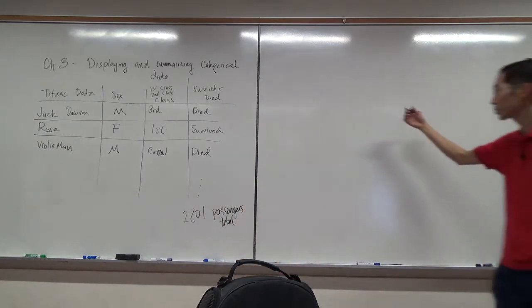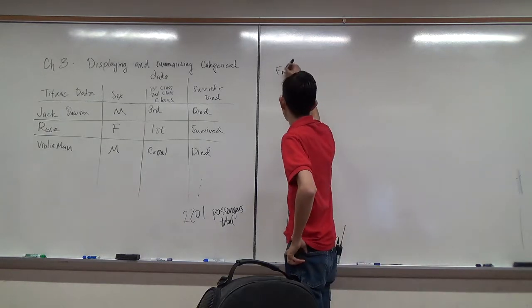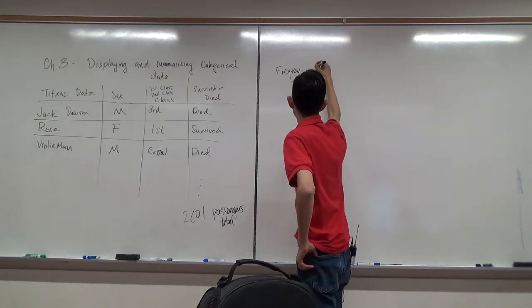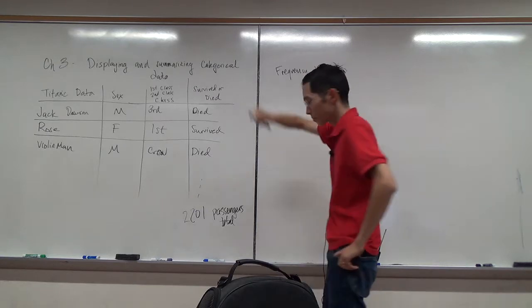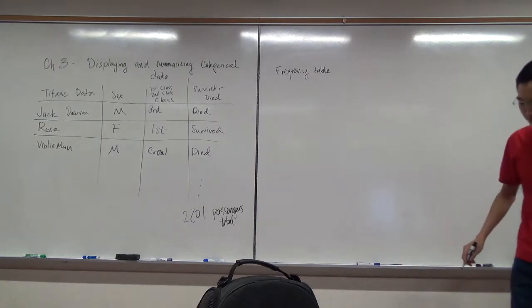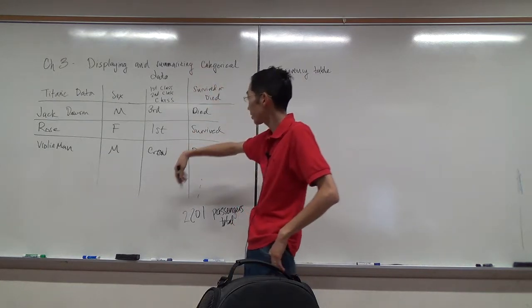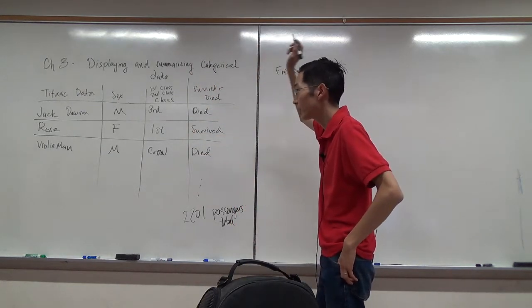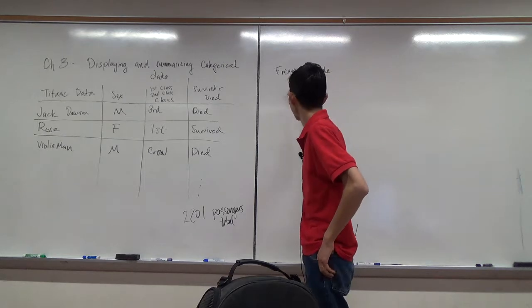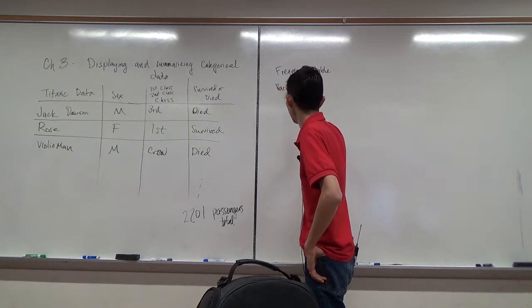And we can summarize this with a frequency table. And with a frequency table, we would just select one of the variables. So let's say the variable we select is class.